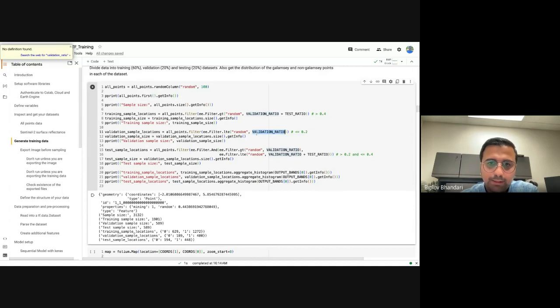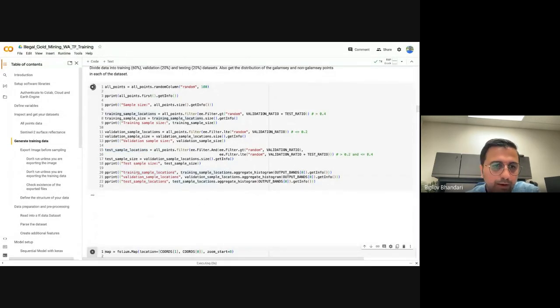So I'm taking that 20%, and then the remaining is our test sample. Again, 20% of the overall data would be used to make predictions on unseen data, and that would really help us understand how our model is performing. And then I'm printing some of the sizes here.